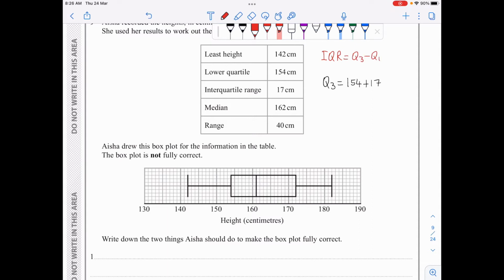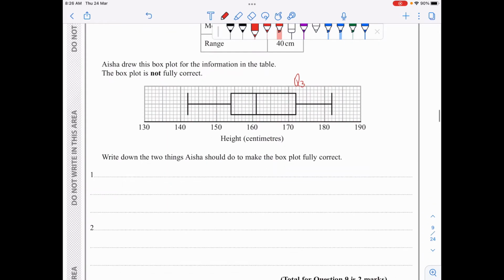So knowing the interquartile range and the lower quartile Q1 means I can calculate Q3. And that's 171. But if you notice here, this is Q3 and it's actually 172. So I'm going to make a note here that Q3 should be at 171, not 172.